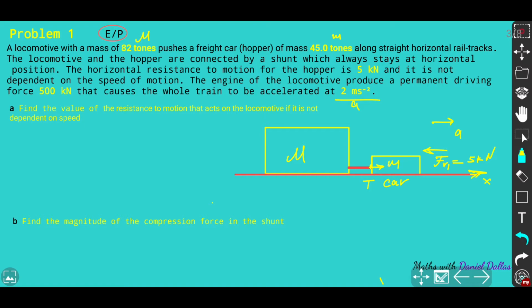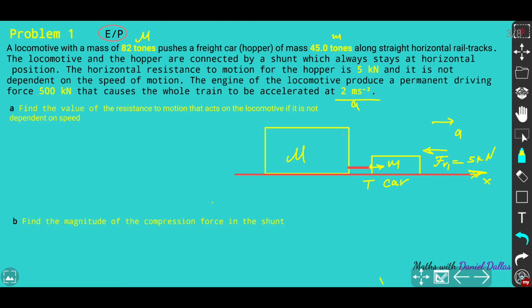But for the hopper, that's the force that acts from the side of the locomotive through the shunt. So you don't care about the left-hand side, but imagine as if the locomotive just pushes it. So it's kind of a pushing force. We actually finished with that one, and let's consider the locomotive itself.